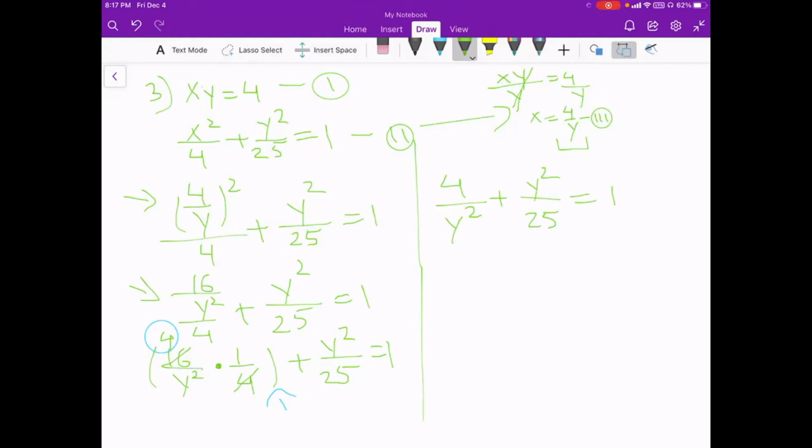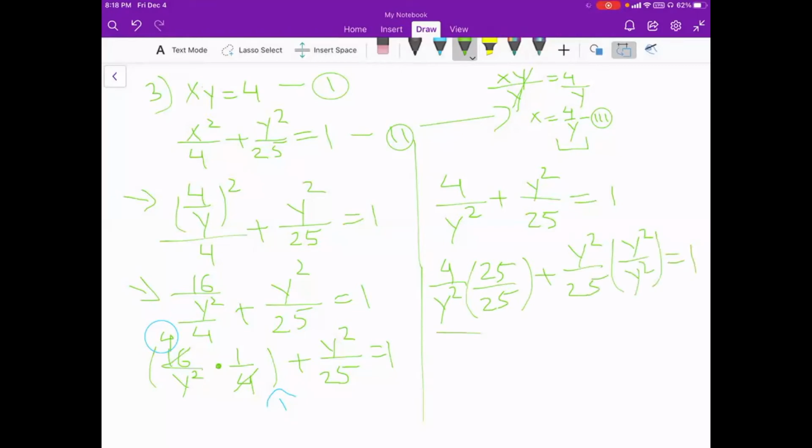The way you add fractions is you create the common denominator. So in here, you have to multiply this fraction using 25 over 25. And obviously, you have to multiply this one using y squared. And that is equal to 1.